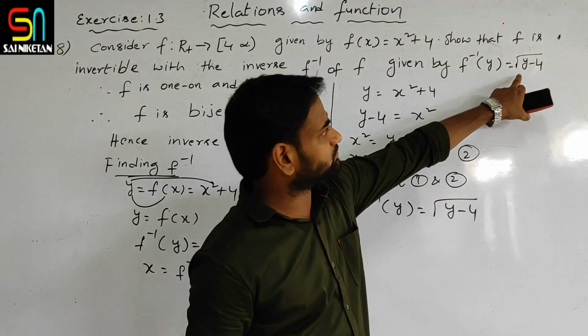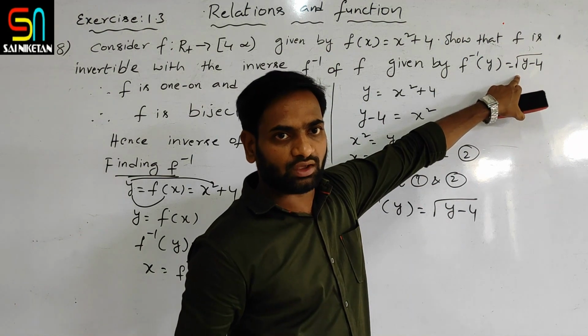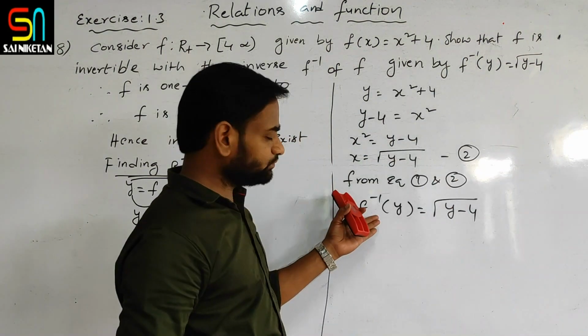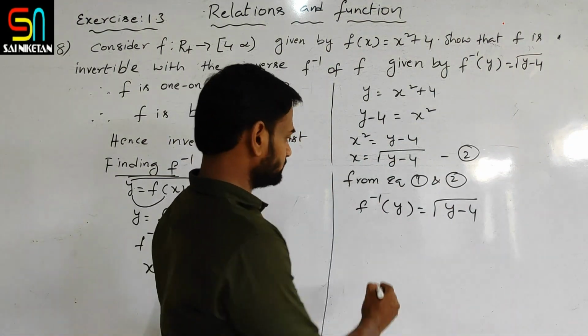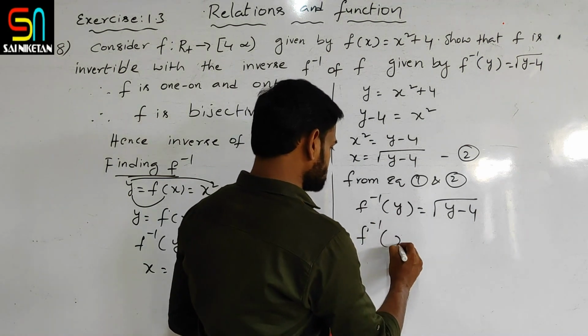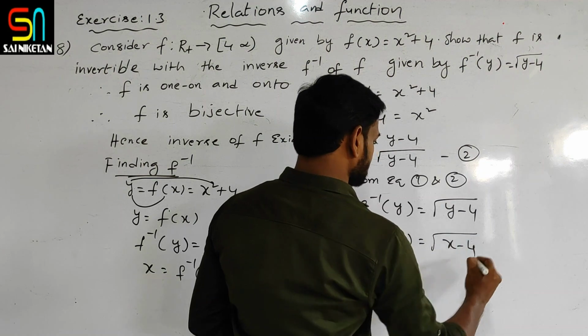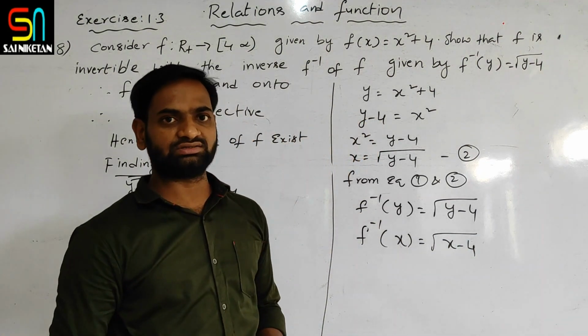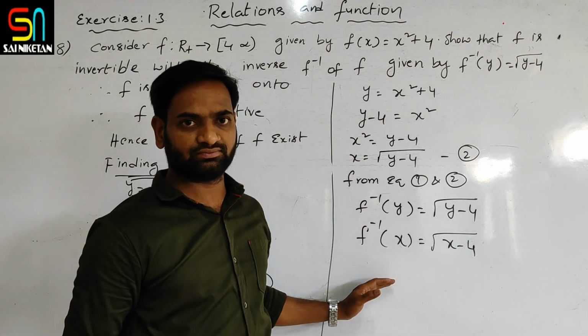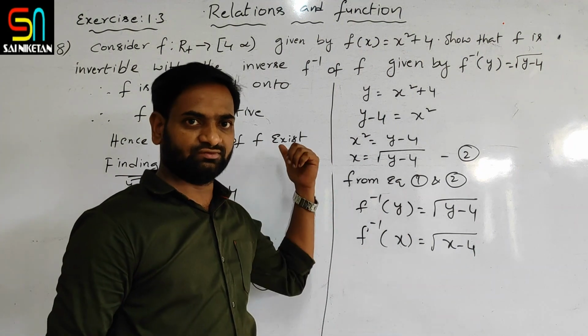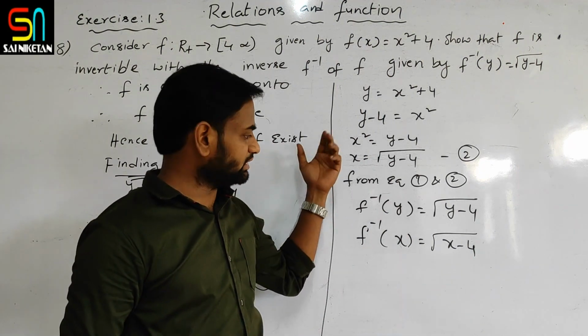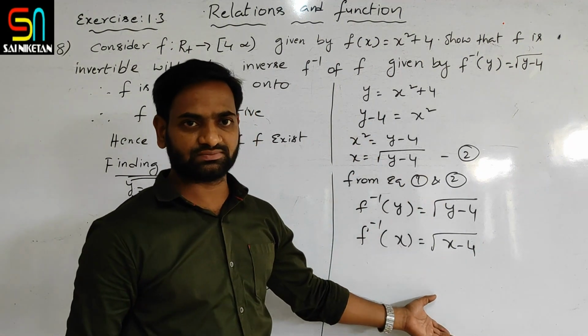So you got this one. If you want more, you can convert into x terms also. That is f inverse of x is root of x minus 4. That is the f inverse. Showing invertible, it is finding f inverse.